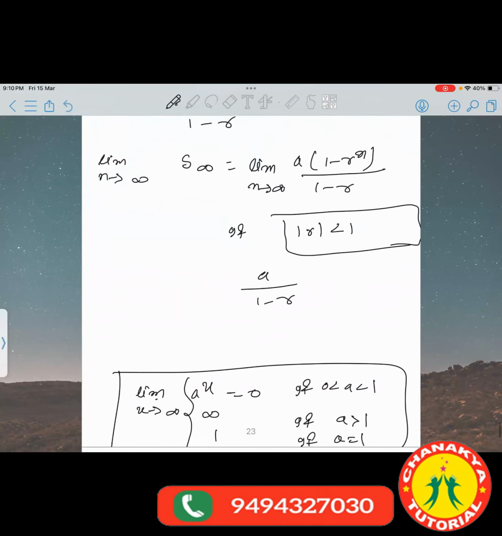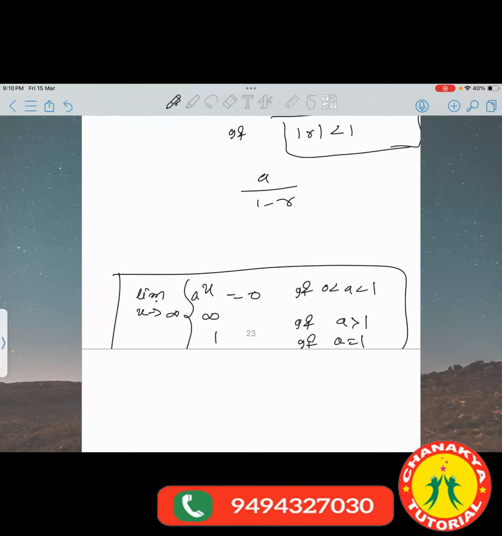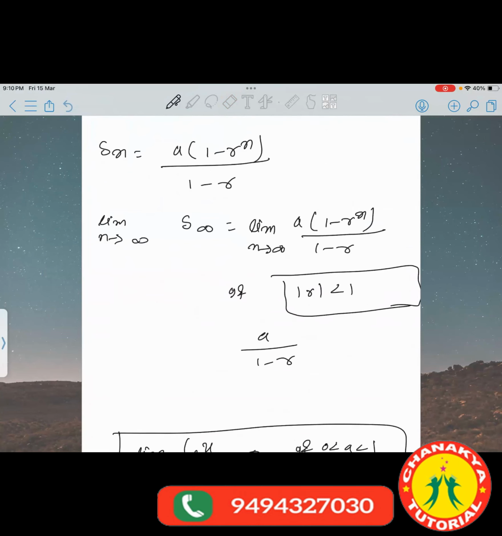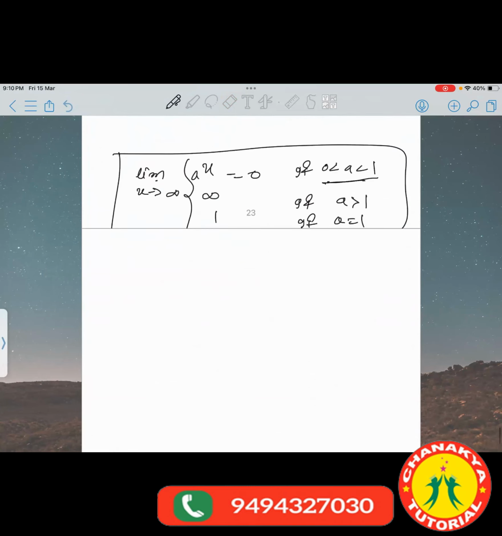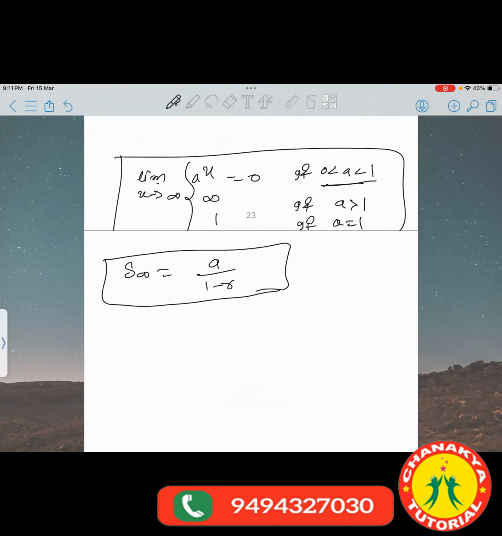Because mod r is less than 1, we can apply this formula. So r power infinity is 0, and so a upon 1 minus r. You need to remember S infinity is equal to a upon 1 minus r. I explained all this so that you understand why and how the formula for S infinity, a upon 1 minus r, came.